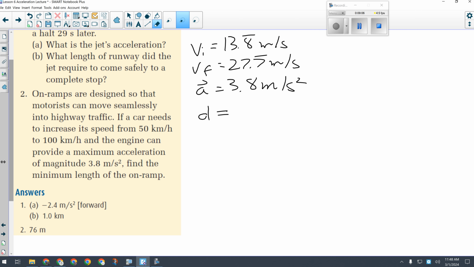In other words, the distance the car will travel while accelerating. Okay, what formula should I use with those givens? Which formula, guys? The VF squared equals VI squared plus 2A D.